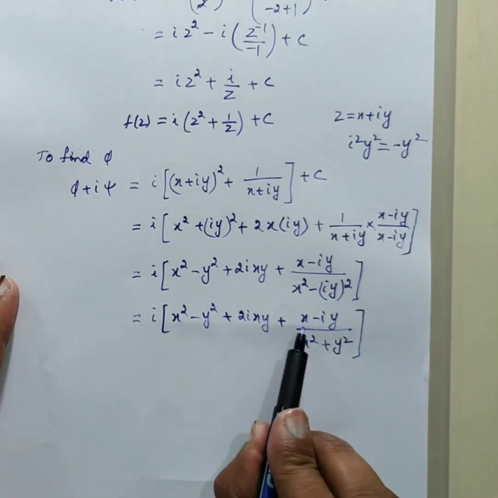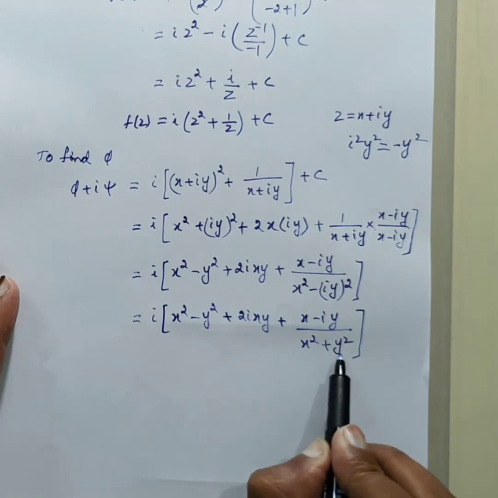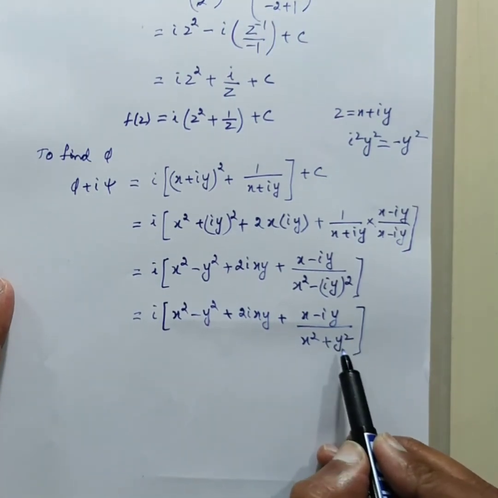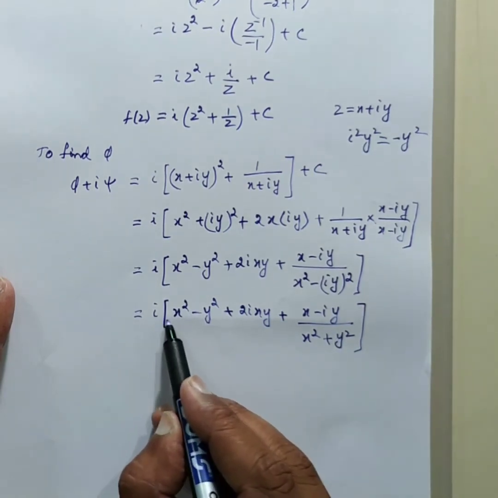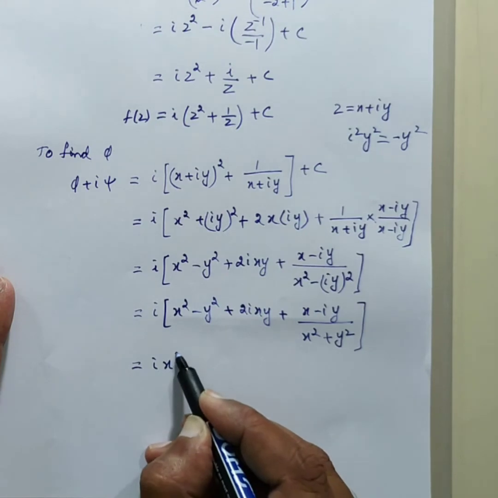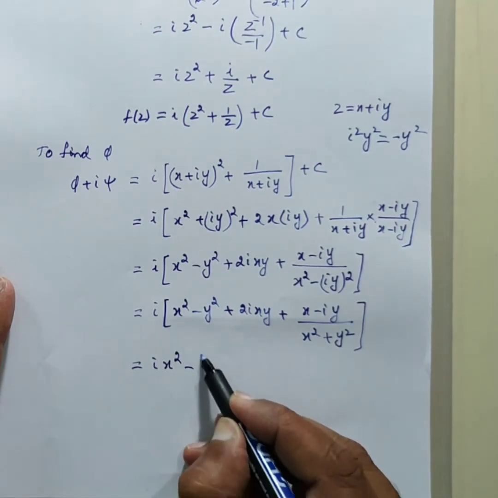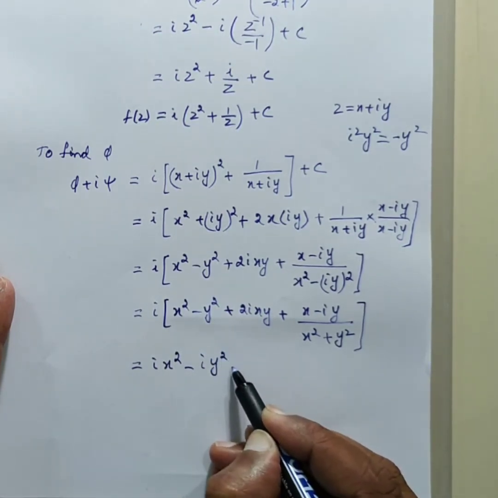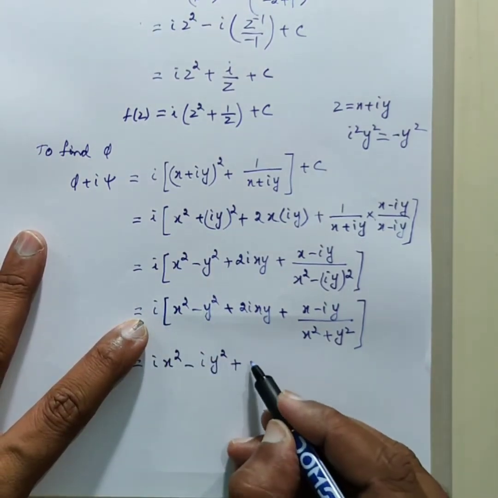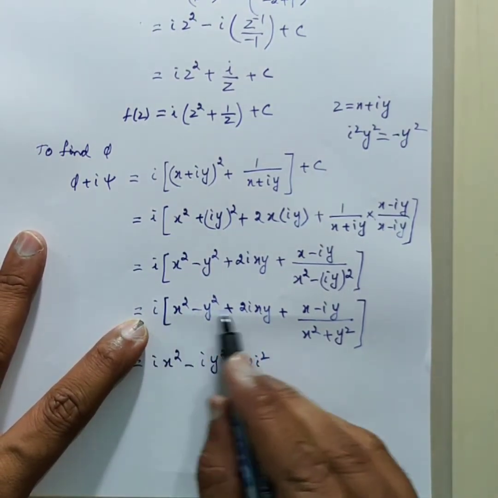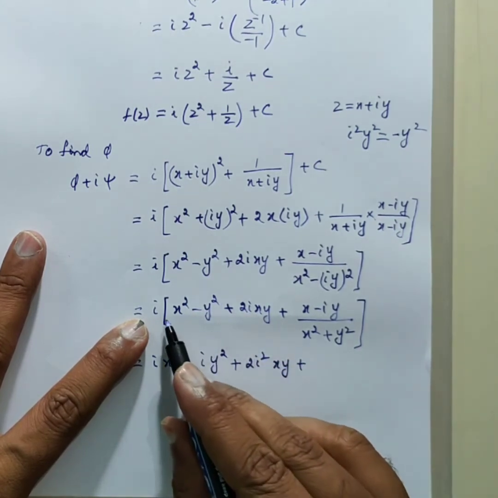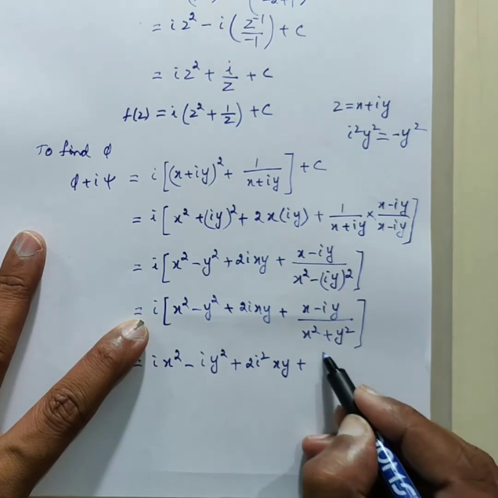Now I can just separate it. I can divide this x by x square plus y square and iy by x square plus y square. And simultaneously I'll multiply this i inside. So if you multiply this i inside, I'll be getting i times x square minus i times y square plus, if I multiply this i inside, it becomes 2i square xy, i into i will be i square xy, plus multiply this i with this x, so ix.